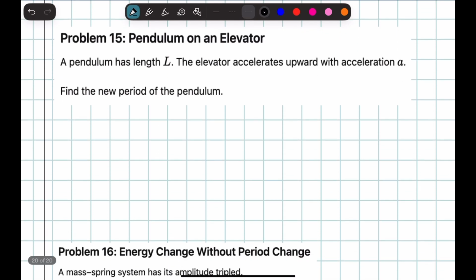A pendulum has length L. The elevator accelerates upward with an acceleration a. Find the new period of the pendulum. The effective gravity is going to be equal to the gravitational constant plus a. The new period is equal to T, and that's going to be 2 pi times the root of L over g plus a.